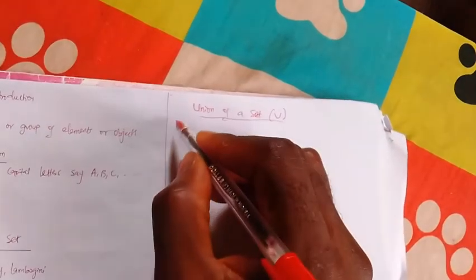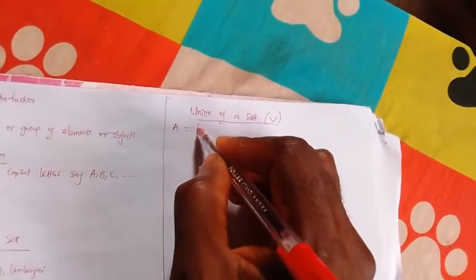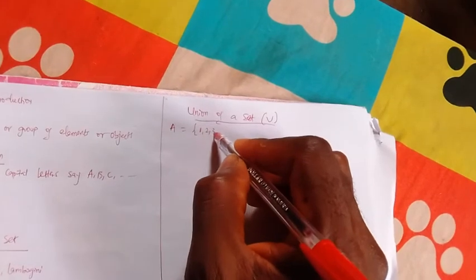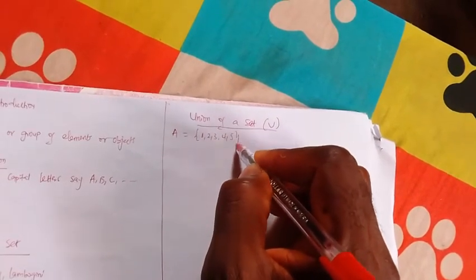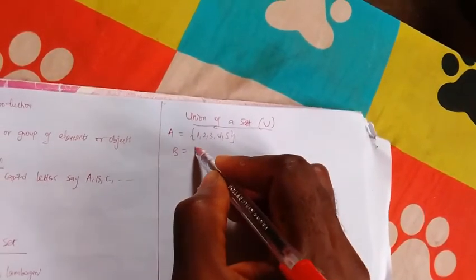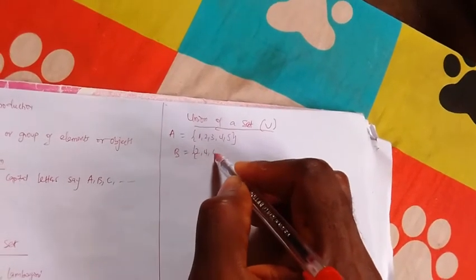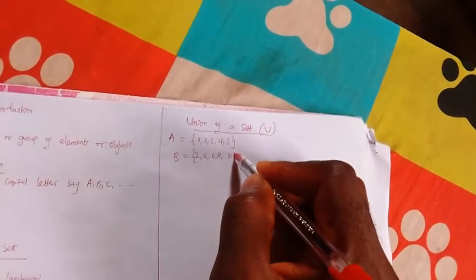Now for the union of a set, given that A is equal to 1, 2, 3, 4, 5, and B is equal to 2, 4, 6, 8, 10.